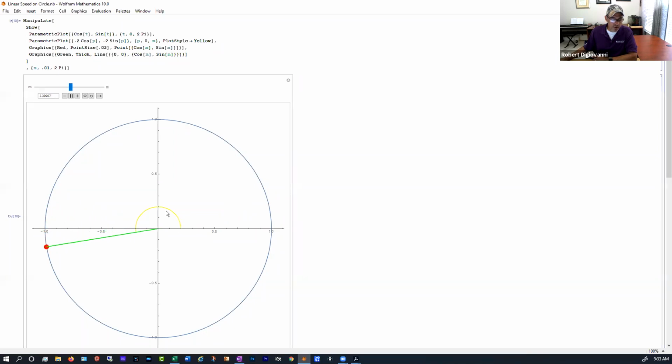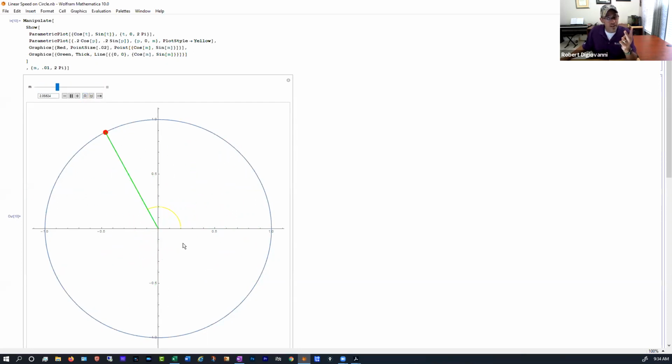Notice that if we measure the angle, not only does the object have a speed around the circle, would you agree that the angle is changing? And so there's a rate at which the angle changes. Right now, do you all agree that this angle is changing pretty slowly? Now let me speed this person up. So now that angle is changing very fast, and the object is moving very fast.